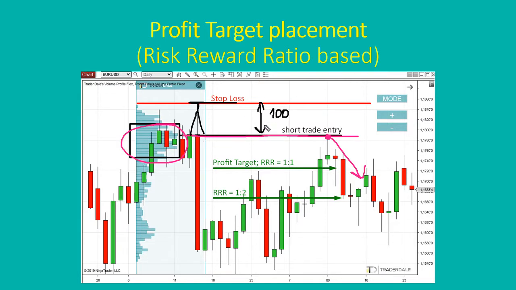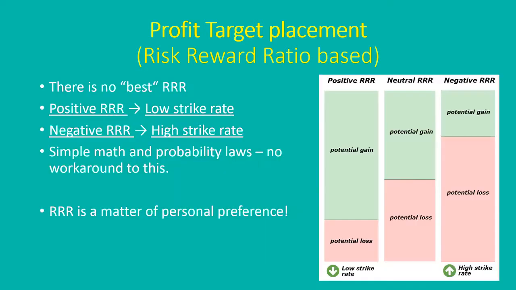You measure that. And if you want to maintain a risk-reward ratio 1, this is actually what I personally prefer in my trading, then this is where you place your take profit. If you like to trade with higher risk-reward ratio, for example, a risk-reward ratio 2, then this is where you take your profit. Alright? This is a pretty simple method actually.